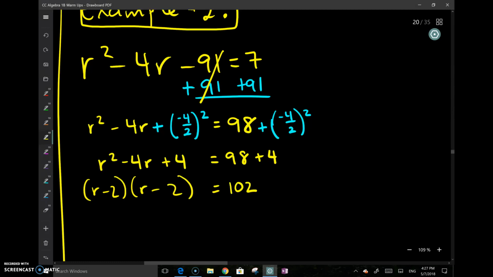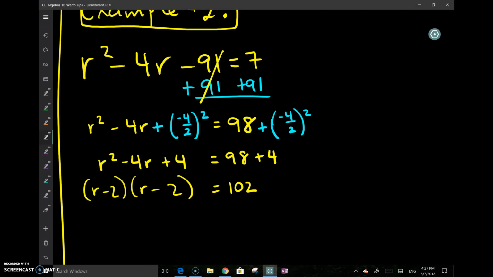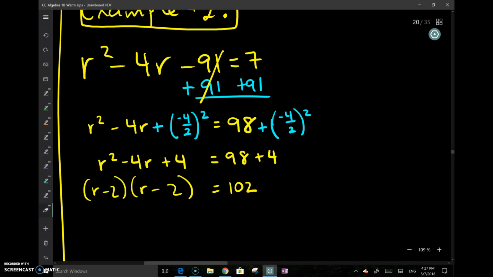When you factor that, you would get two binomials that are identical to each other. But like I said in the first example, there's no point in writing two of the same things. So if you apply the laws of exponents, we can simply say, well, look, I have two groups both looking the same and they're multiplying. So why not just write one of them and put a power of 2?